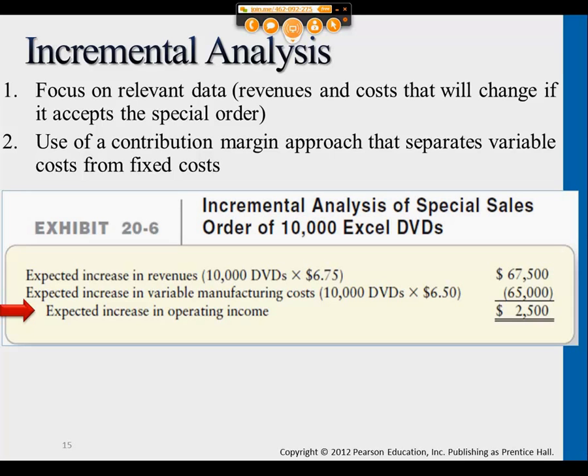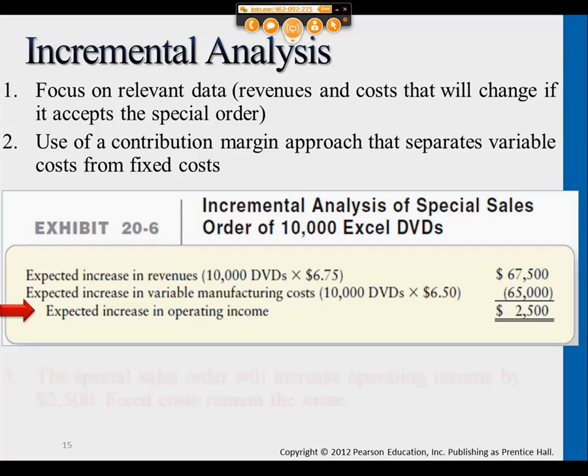So what is the result? It's the same story about the Smart Touch DVDs we've talked about for the whole semester. We have a contribution margin increase of 2,500, an expected increase in operating income of 2,500.